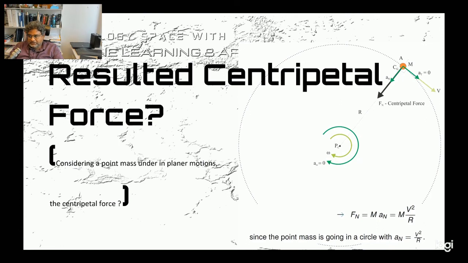The mass we already know as m, and the acceleration we derived in the previous step is v squared over r. So you end up with the equation for the centripetal force: Fn equals the mass of this particle times the velocity squared divided by the radius of this circle.